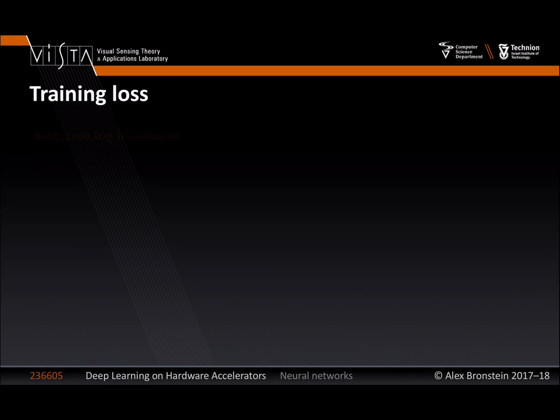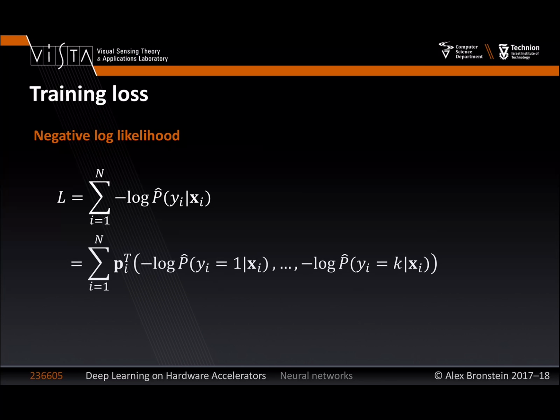So then we had this negative likelihood loss. We can easily extend it to k classes. So I'm just using my interpretation of this vector that I'm producing from the softmax function. Let's call this p hat i.